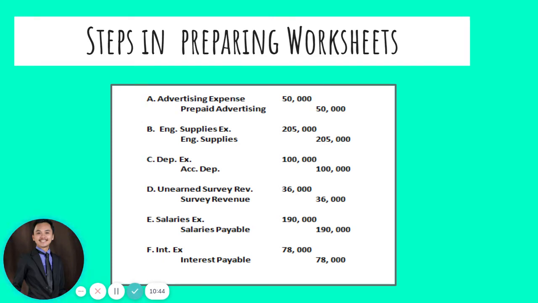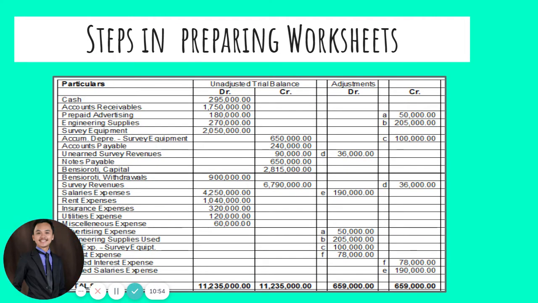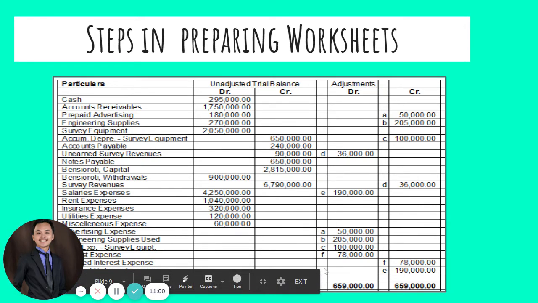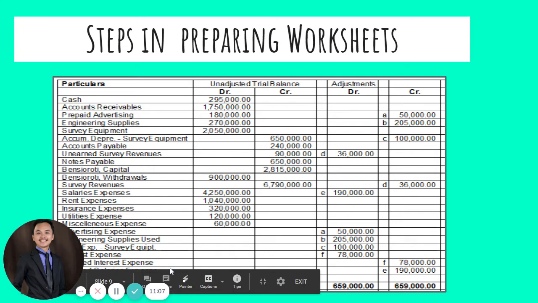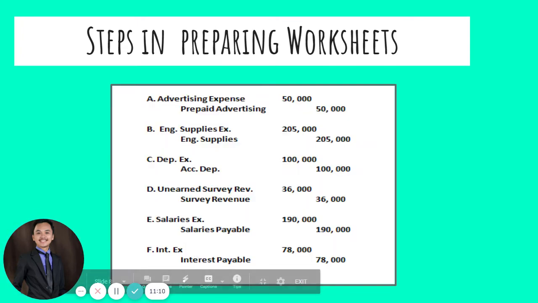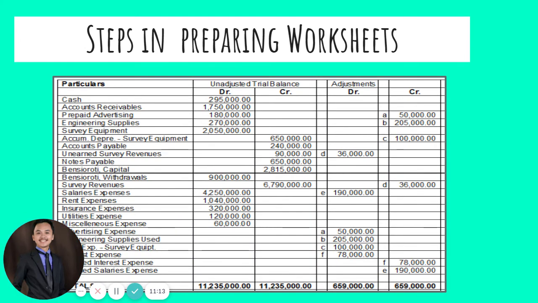So our adjusting journal entry will be debit to salaries expense for 190,000, credit to salaries payable for 190,000 also. Again, you simply put that on the debit side and credit side. So we have accrued salaries expense of 190,000.